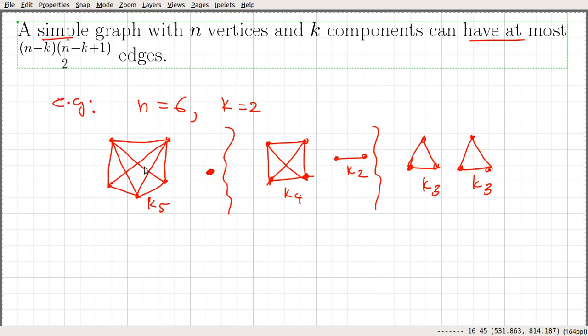If we consider the splitting like 5 on one component and 1 on another component, then the maximum number of edges for a simple graph corresponds to K5. So here we have one K5 and one isolated vertex. Let's count the number of edges here. The number of edges is 5 into 4 over 2, which is 10.